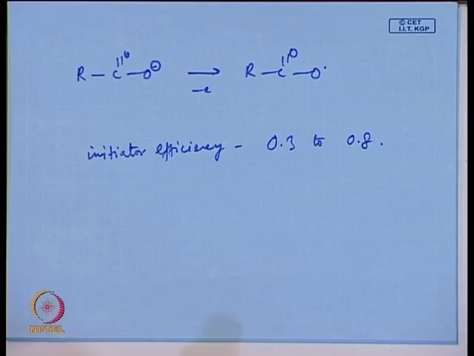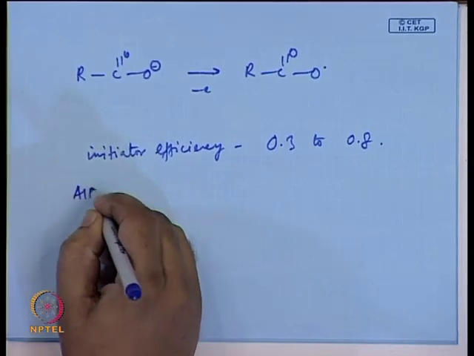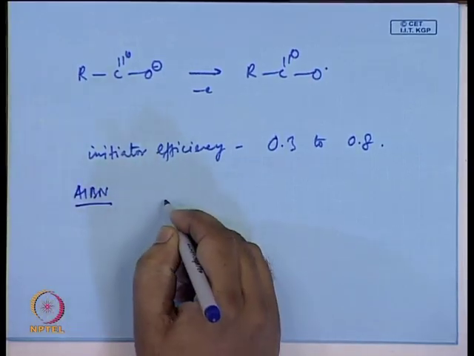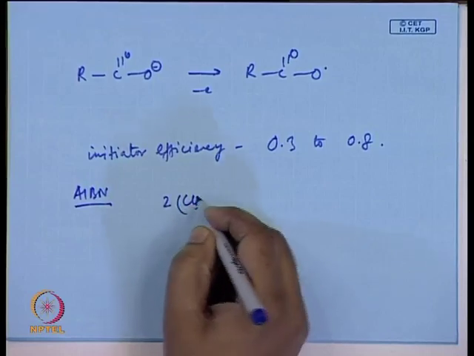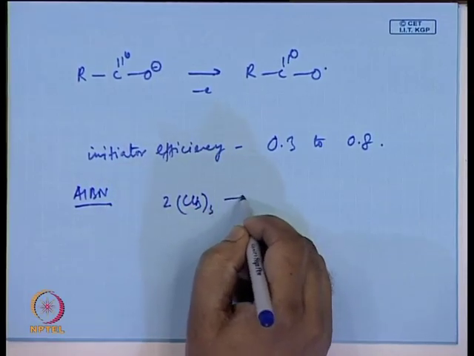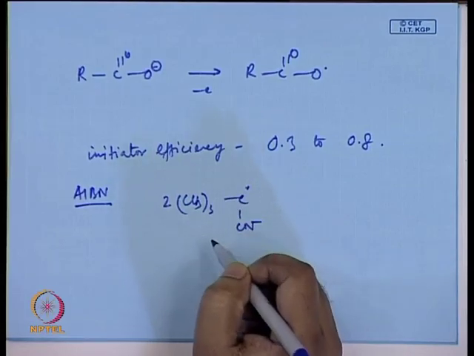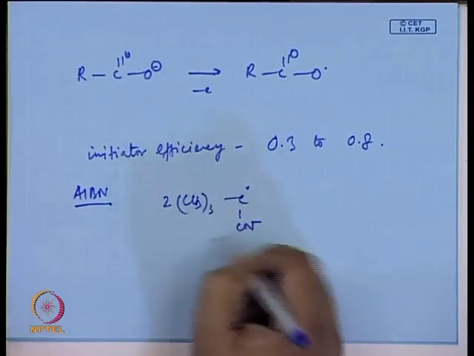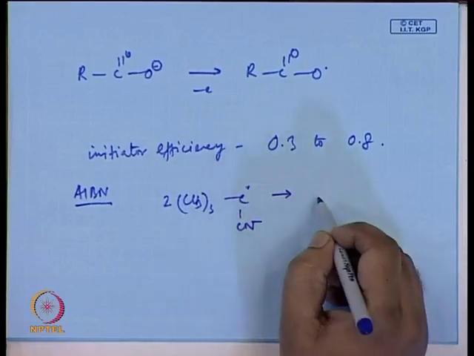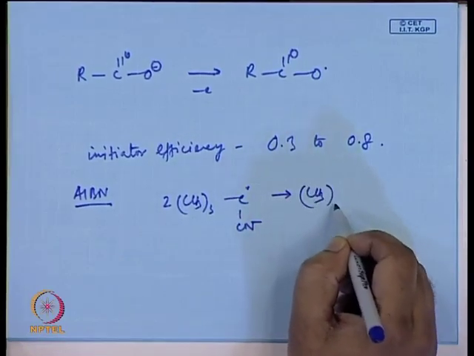What happens to the rest of the radicals which do not initiate a chain polymer? They get destroyed to form dead molecules. For example, if you take AIBN, we have seen that AIBN on dissociating to this species, they can again recombine by reacting with themselves and form this molecule.